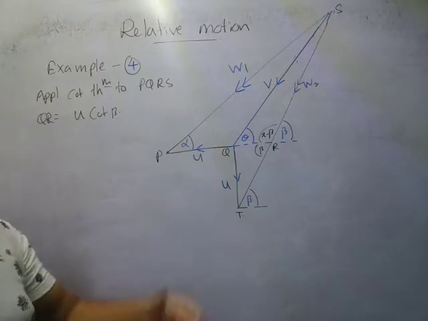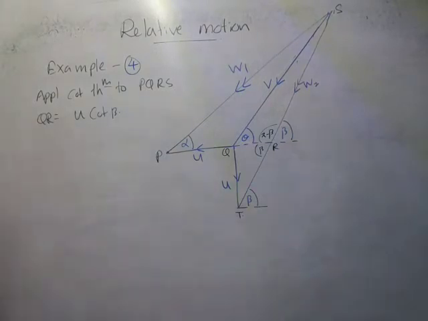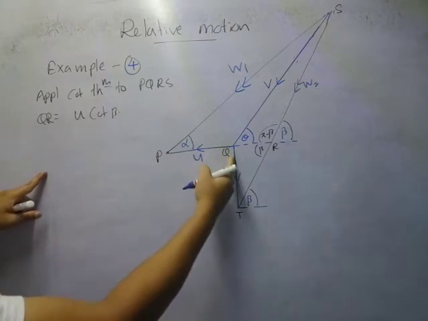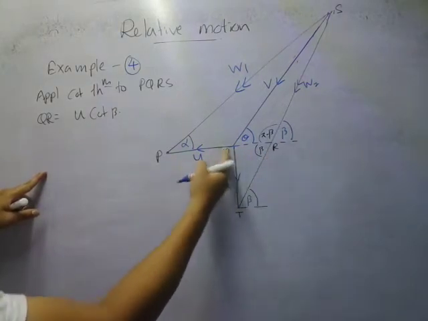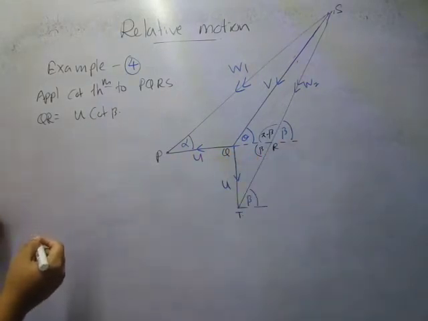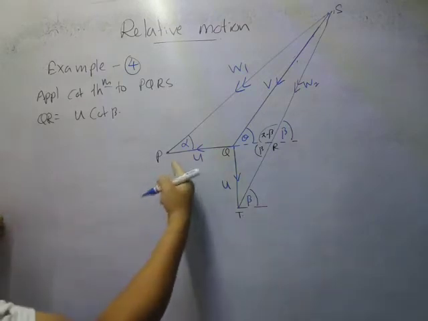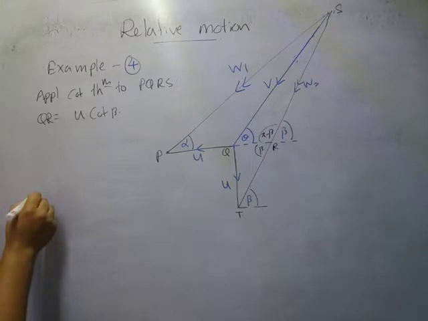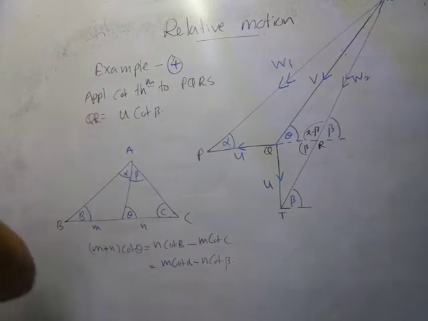Then අපිට ලේසි side ratios. Now apply Cot theorem. How do you write Cot theorem? PQ plus QR. මේ දෙන්නගේ ratios වල sum එක. Let me remind you of Cot theorem first. Right. So this is Cot theorem.